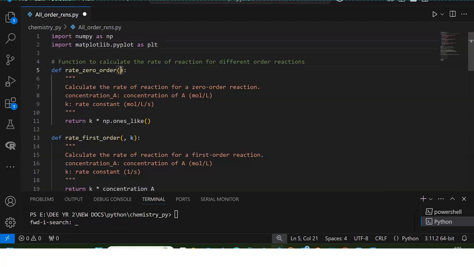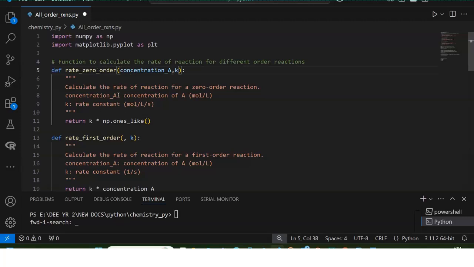So what are the inputs? Obviously the input is going to be the concentration, as we saw earlier, because the rate is a function of the concentration of the reactant and the rate constant. So we are going to put our rate constant there.